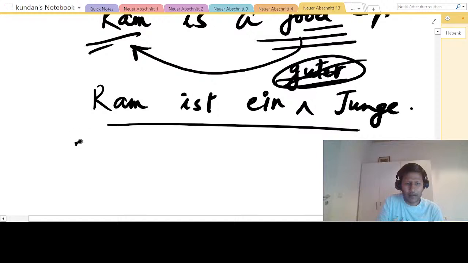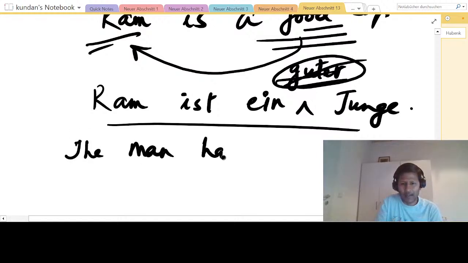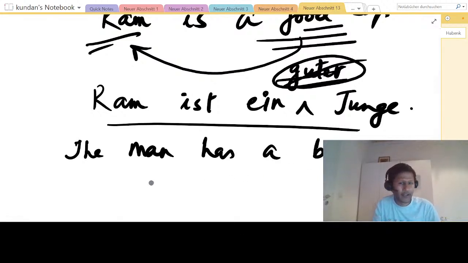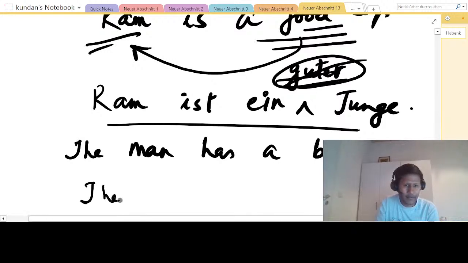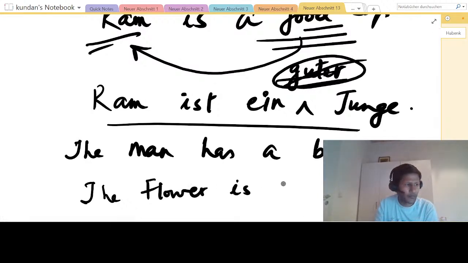The man has a ball. Who can give me the sentence? I'm just writing two more sentences, and you have to tell me. The flower is beautiful, or something like that.